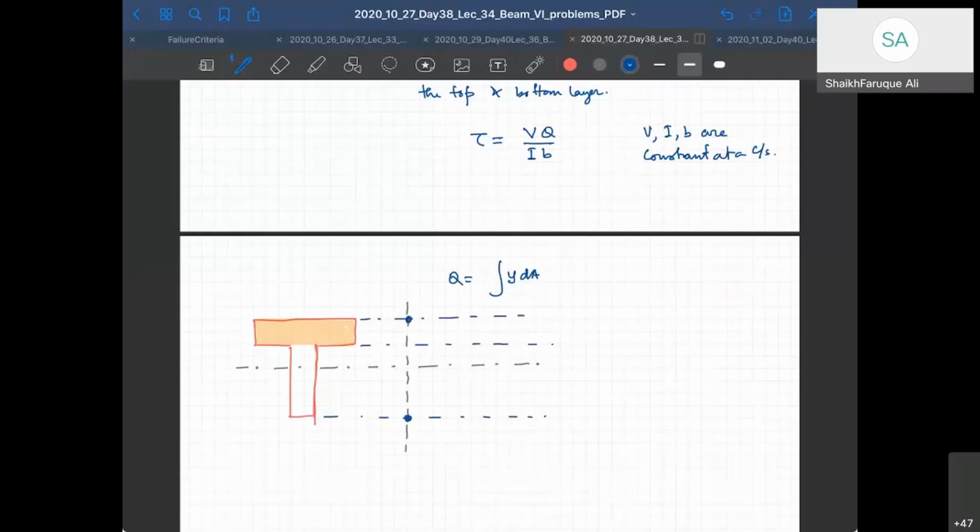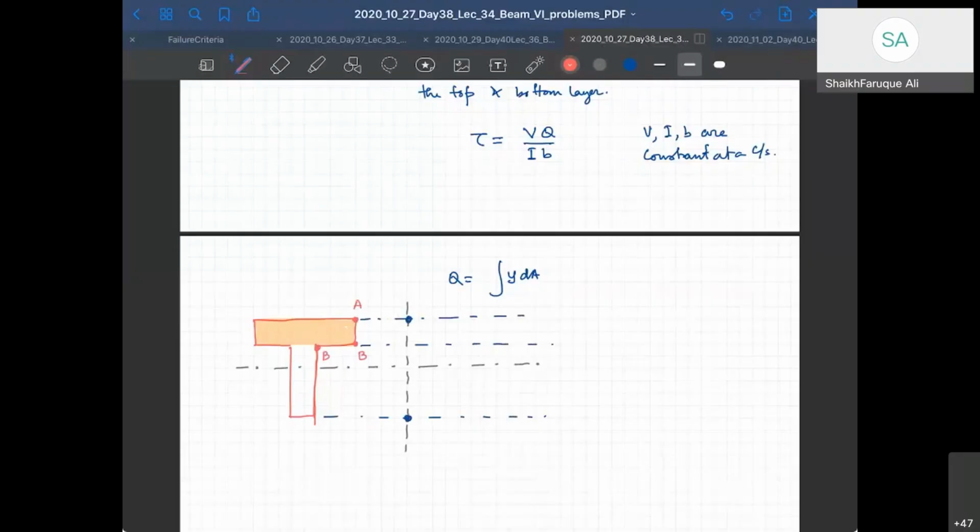So let's look at this point. This point is 0. Let us look at this point. What would be its value at that point? You know, Q, let's say this is point A, this is B, there is a B here also, right?